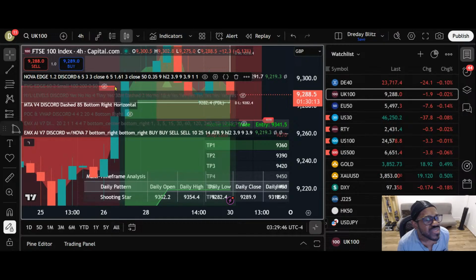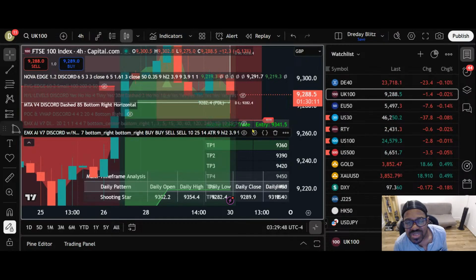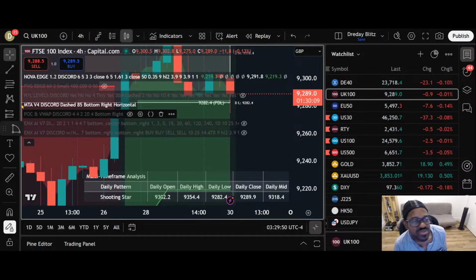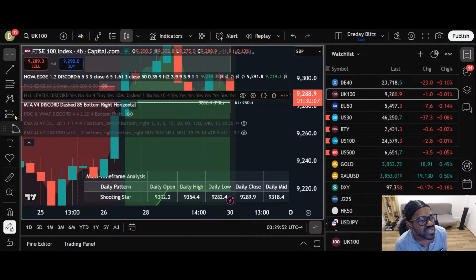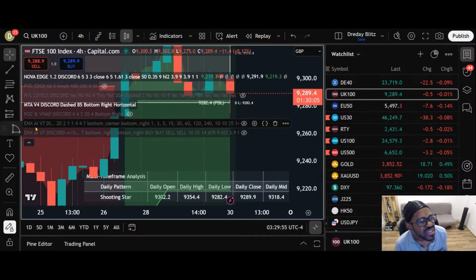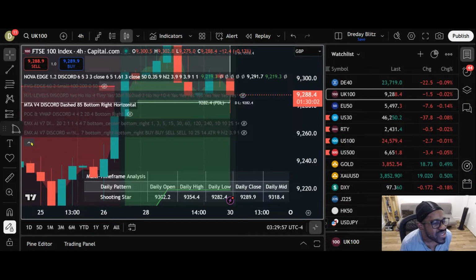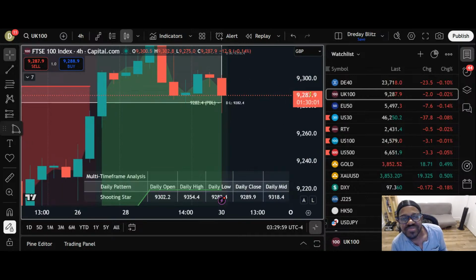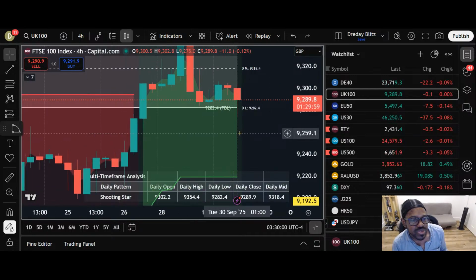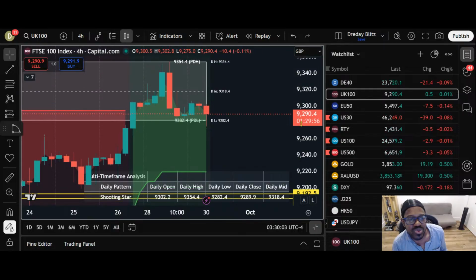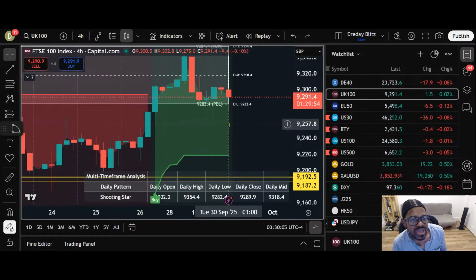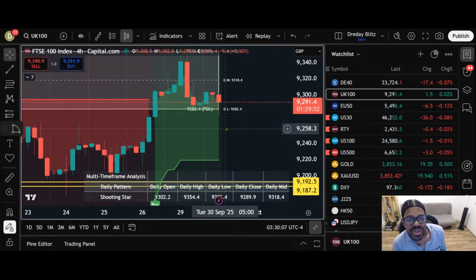So if we close this, remove some clutter. There you go. You can clearly see that it's going lower here.